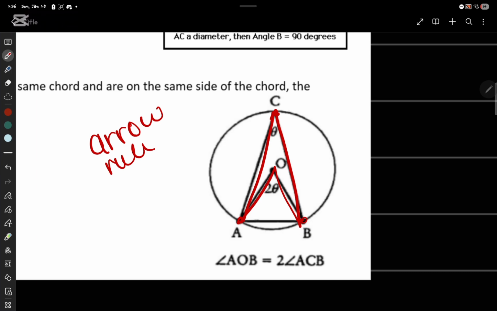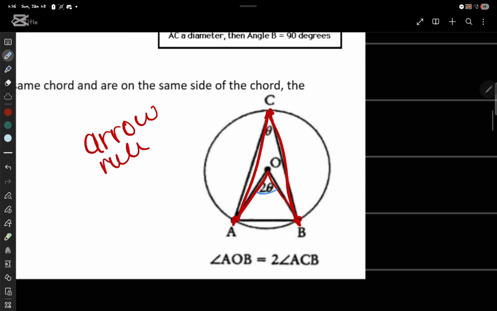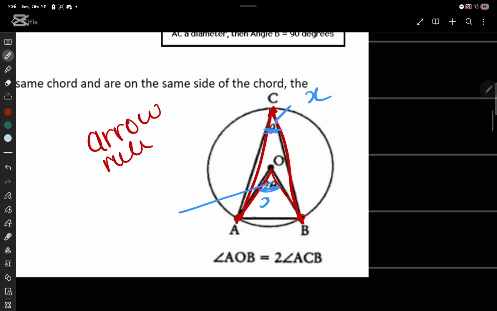that basically means that this angle right here, let me draw in blue, this angle here, I'll call that x. This angle is 2x.